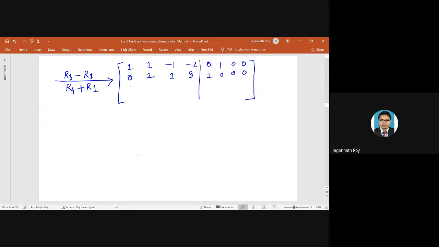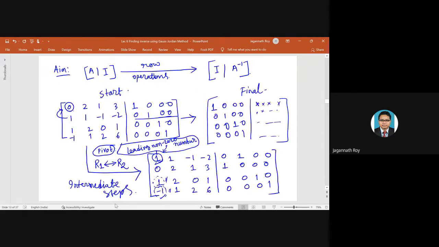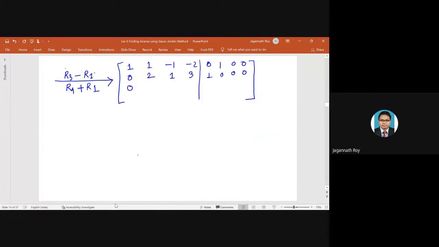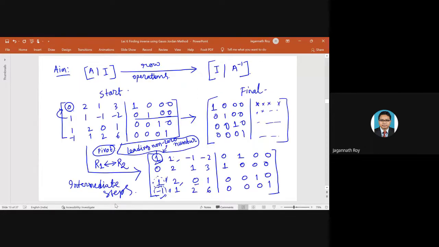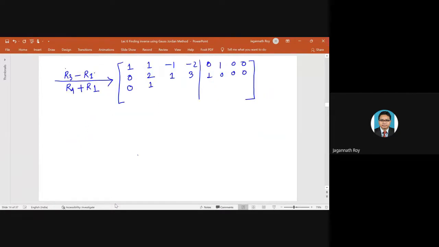And then since we are doing R3 minus R1, it becomes 0 now. And then R3 minus R2, so 2 minus 1. So this becomes 1. Similarly, 0 minus of minus 1, so it becomes 1. Similarly, repeating the process, it becomes 3. So 0, minus 1, 1, 0.